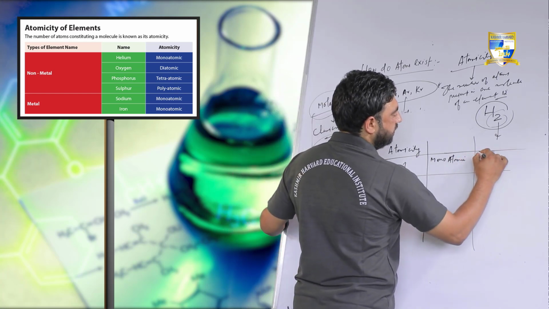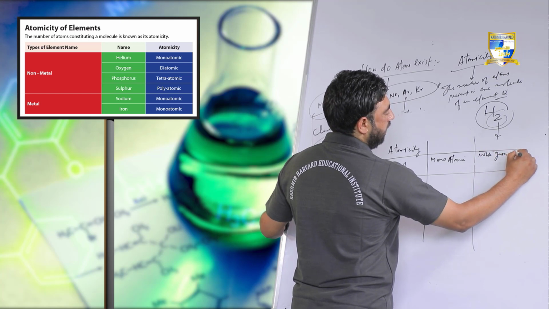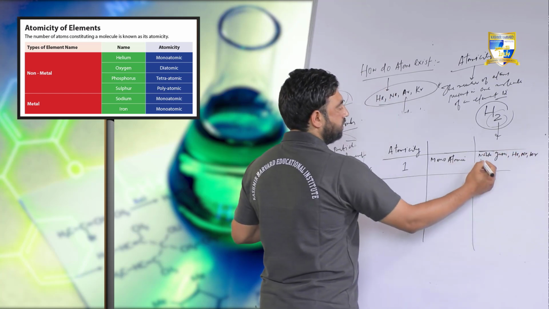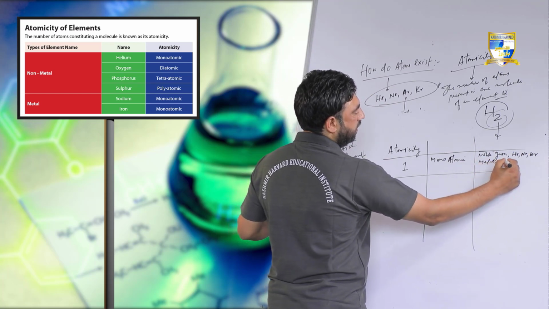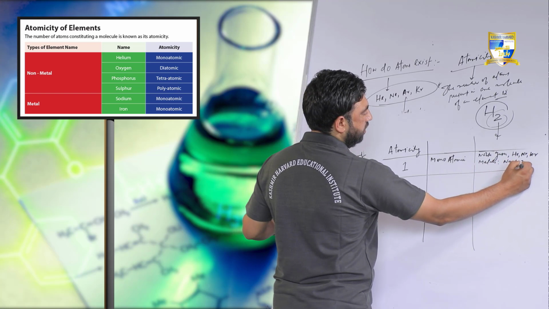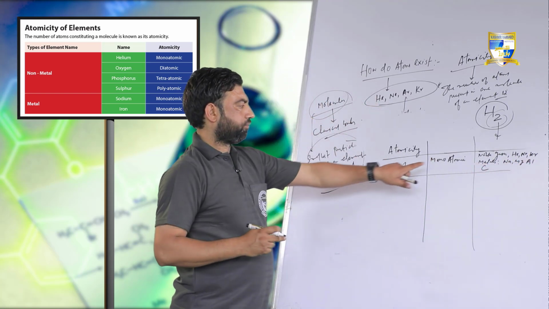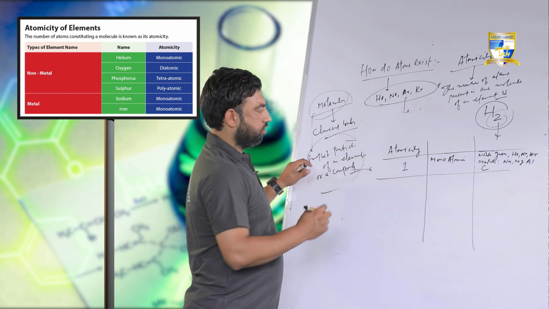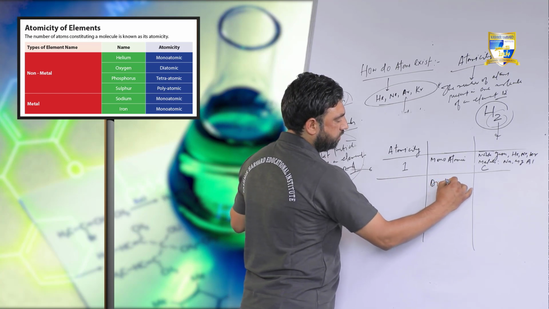We have noble gases like helium, neon, krypton. Similarly, we have some metals like sodium, magnesium, aluminum. We have carbon. The atomicity is 1.